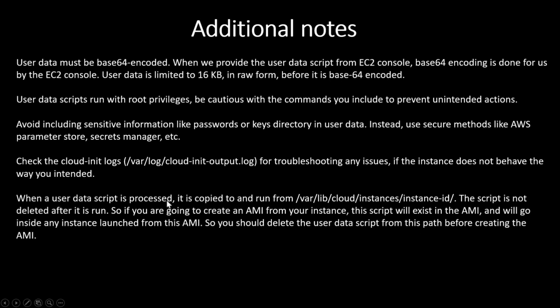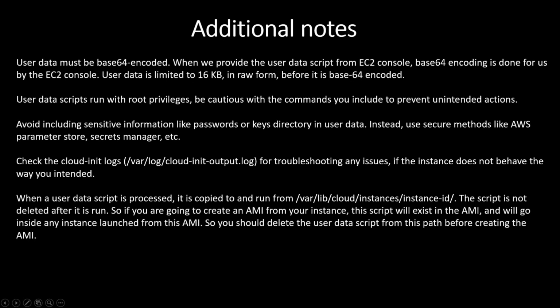When a user data script is processed, it is copied to and run from this path which we saw just now. The script is not deleted after it is run. So if you are going to create an AMI from your instance, this script will exist in the AMI and will go inside any instance launched from this AMI. So you should delete the user data script from this path before creating the AMI.